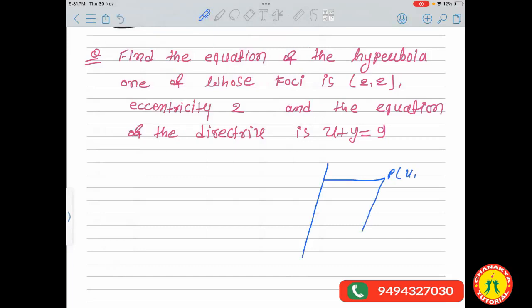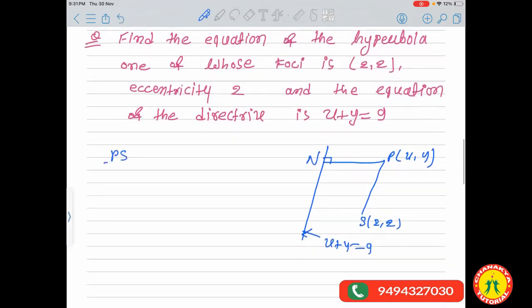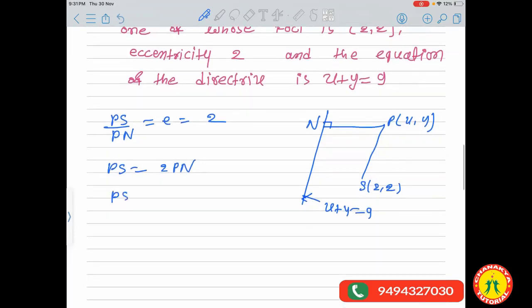At point P (x, y), S is the focus (2, 2) given, and this is the directrix line given, x plus y is equal to 9, and this is N, right, the perpendicular distance. So now apply PS upon PN is equal to e. e is given as 2, right? So PS is equal to 2 times PN, so PS² is equal to 4 times PN².